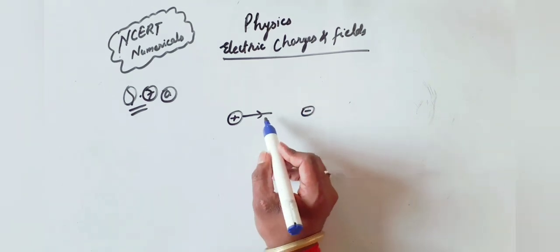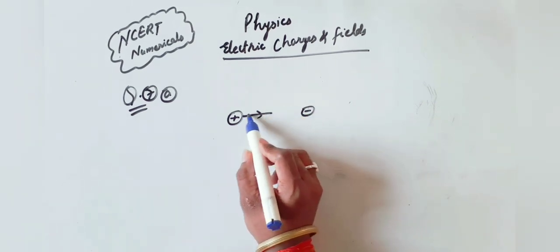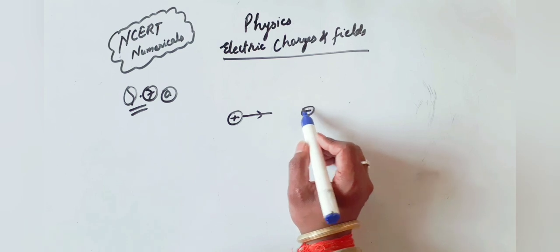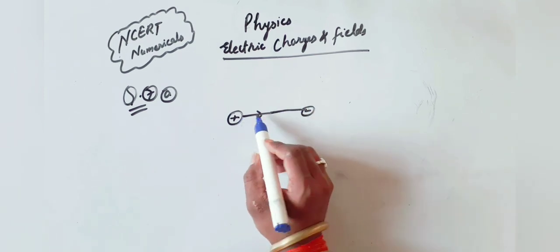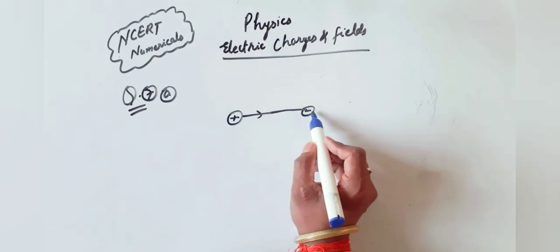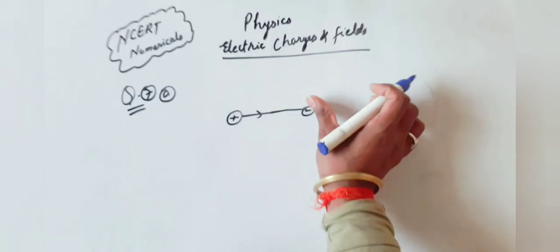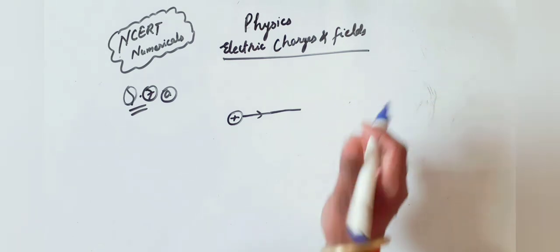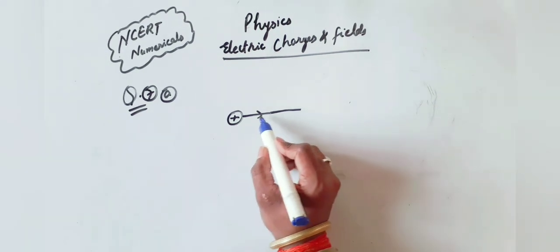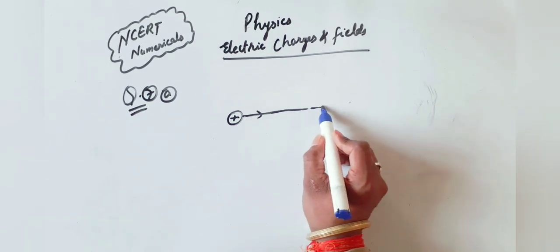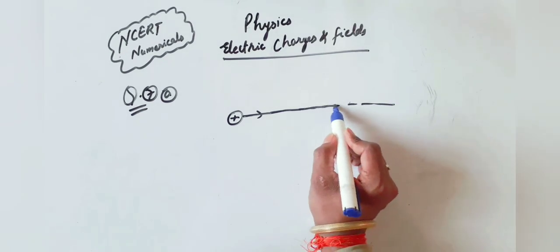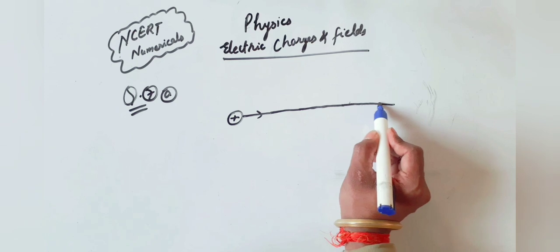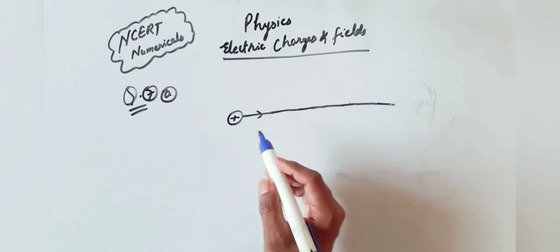If there is a negative charge in the path of this field line, it will stop there, or you can say it emits from here and ends on the negative charge. But if there is no negative charge in its path, it will go to infinity. So there is no break in the path of this electric field line if there is no negative charge in its path.